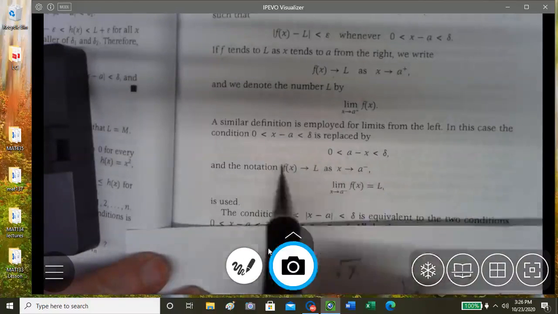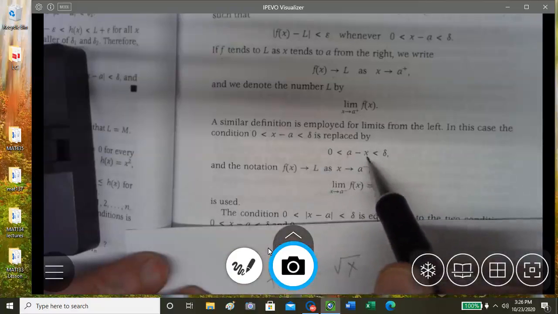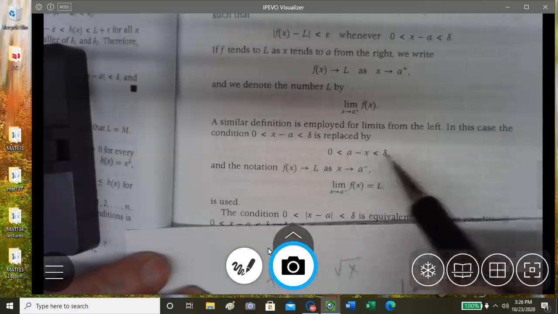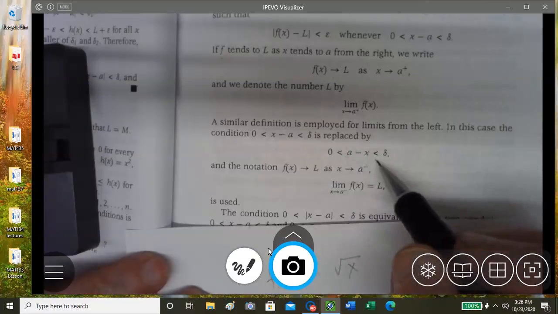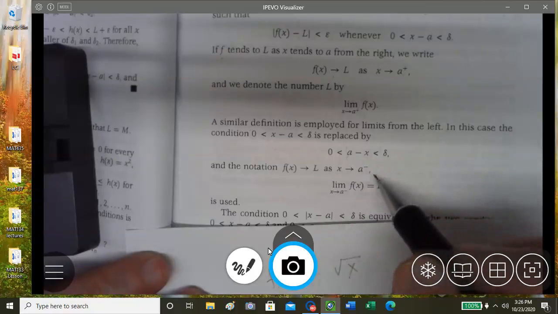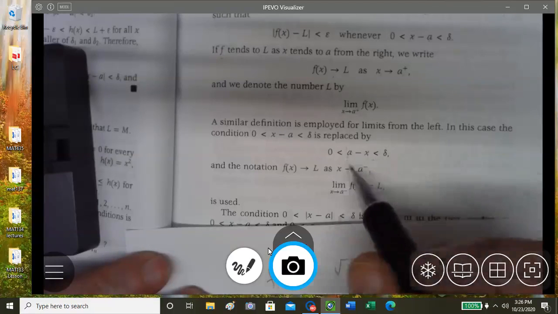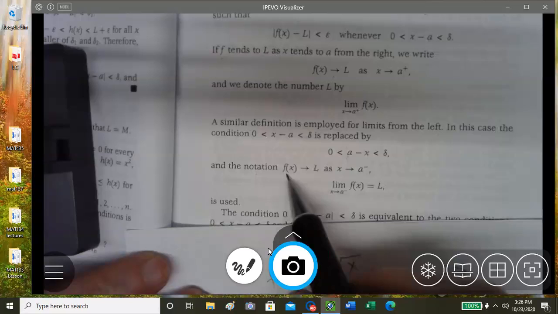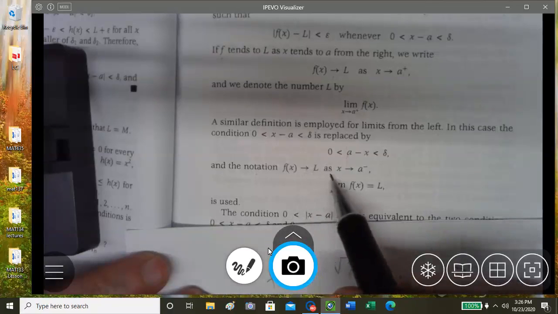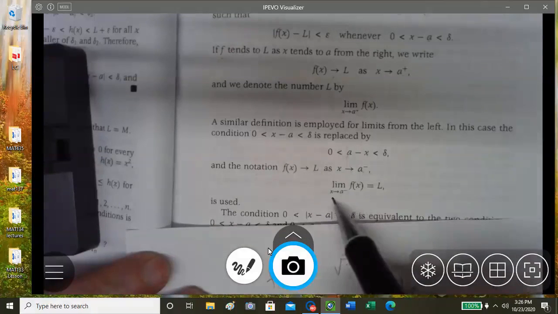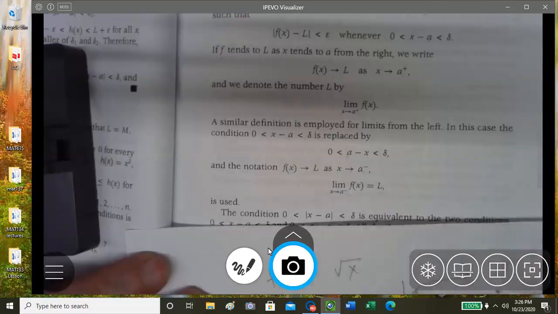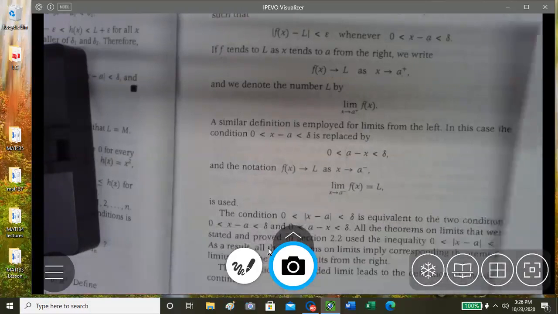So as it approaches from the left, you use A minus x. Well, because they're absolute values, they're going to be the same, right? So in the notation, the limit of f of x as x approaches A from the left equals L.